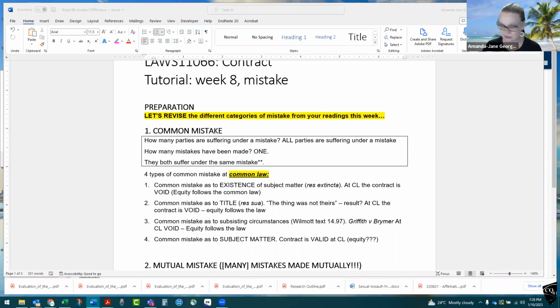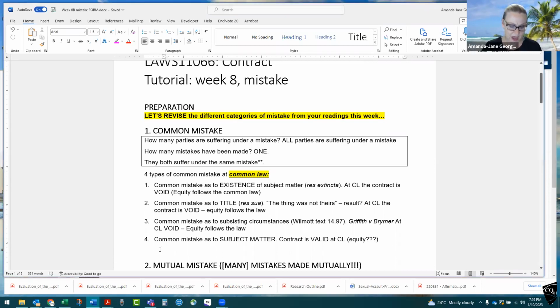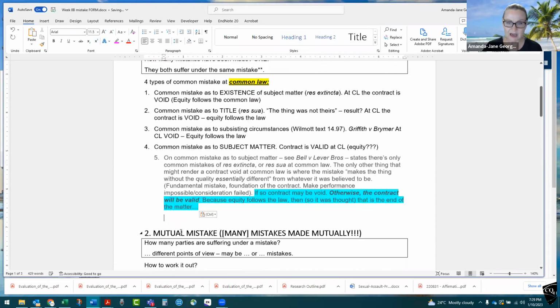So we have this little case called Bell and Lever Brothers. That was a mid-20th century case. And that one's fairly strict, and it says there's only a couple of cases where you're going to actually have a void contract: res extincta and res sua. So this one doesn't even get mentioned.